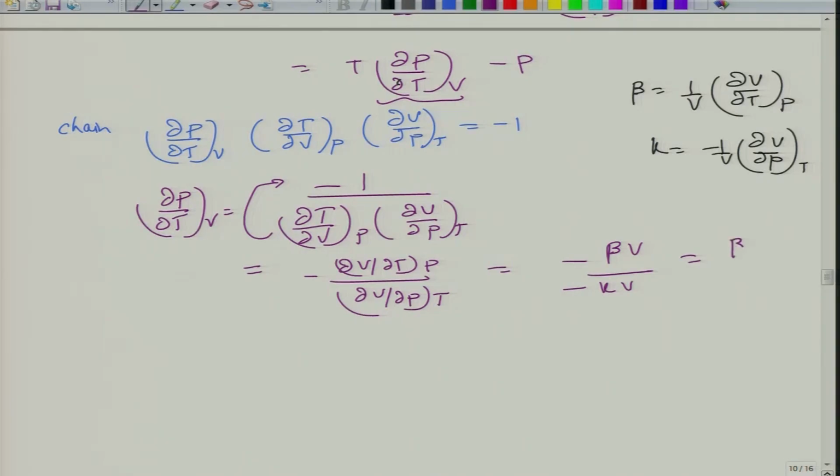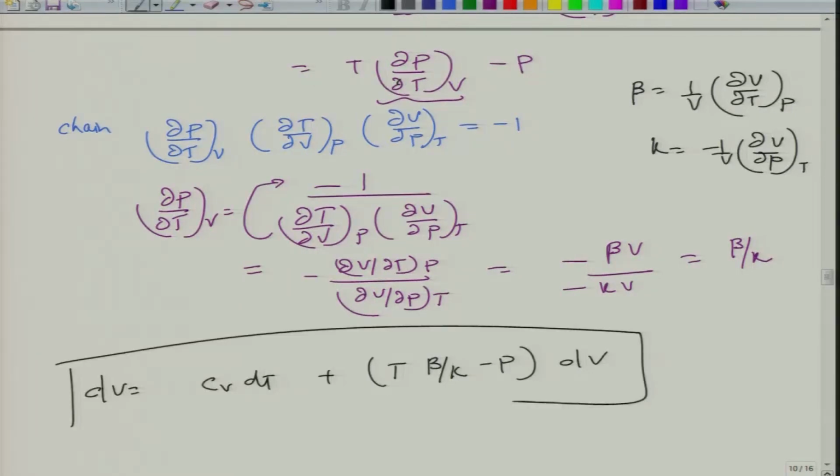So this is nothing but beta by kappa. So I now have the relation that del P by del T at constant V is nothing but beta by kappa, and hence I can write dU as Cv dT plus (T beta by kappa minus P) dV. That was what we wanted to derive, and this is what we have now.